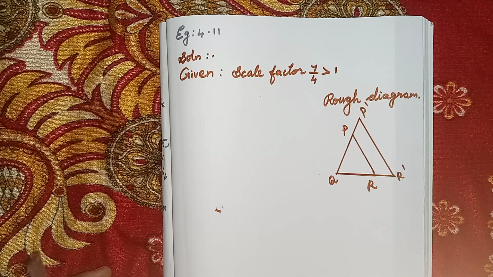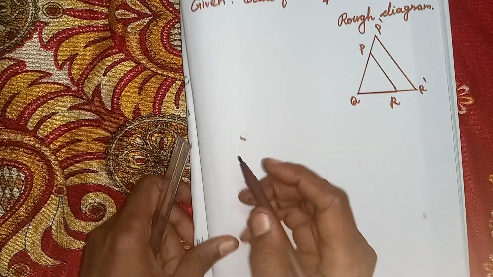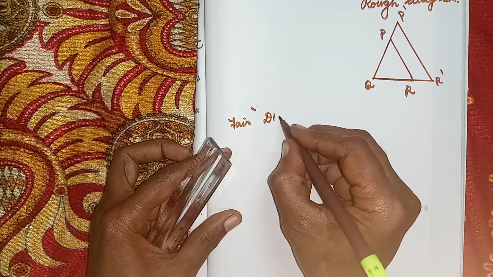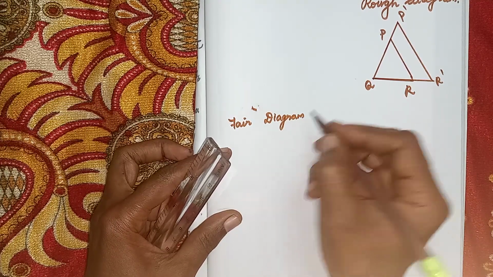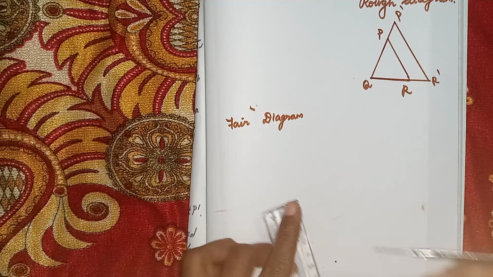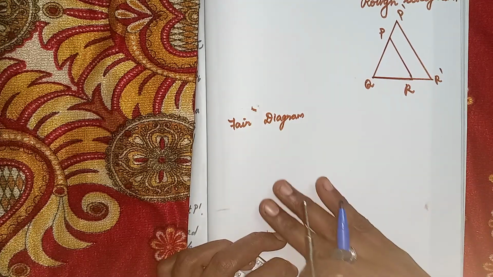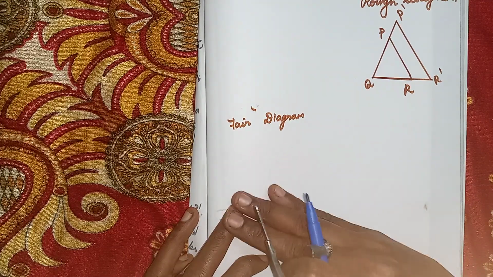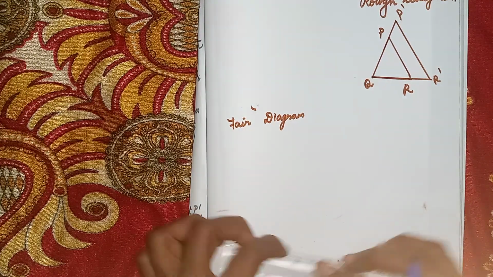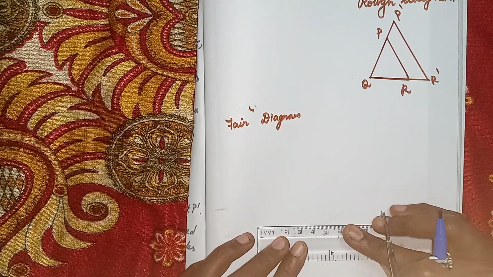Now we can draw a rough diagram. For the rough diagram, same like the previous problem, we have to construct a triangle with any measurement. I am constructing a triangle of side 5 centimeter. In this diagram we need some more space at the top, so leave some place and draw.